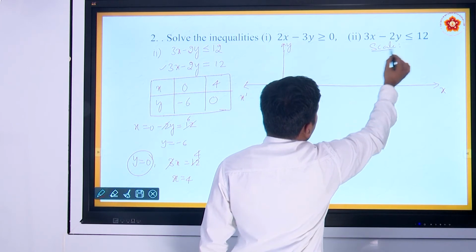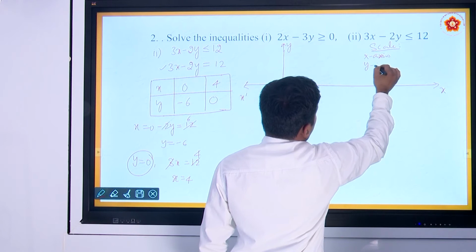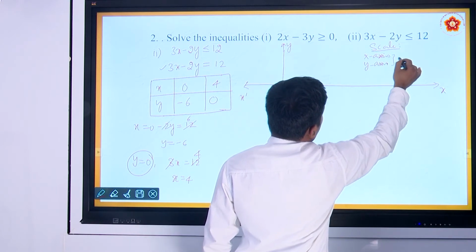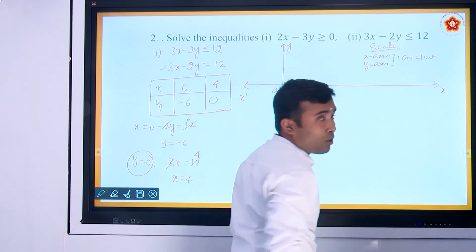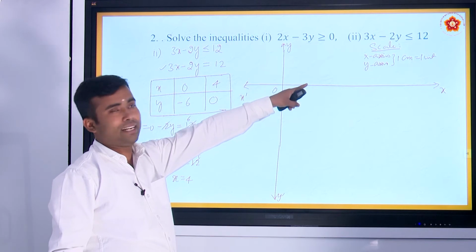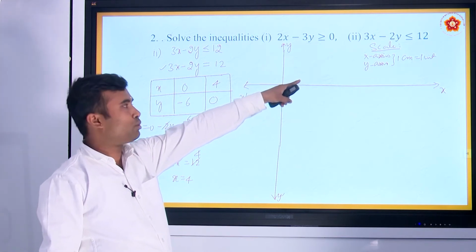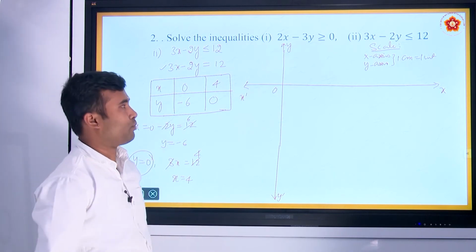scale, x-axis and y-axis both. You may take 1 centimeter is equal to 1 unit. On graph sheet, if you are supposed to do it on graph sheet, you may take the scale for x-axis and y-axis as 1 centimeter is equal to 1 unit.